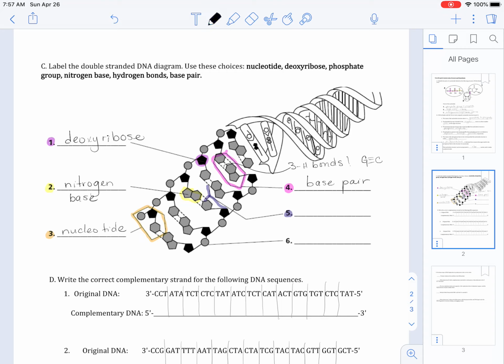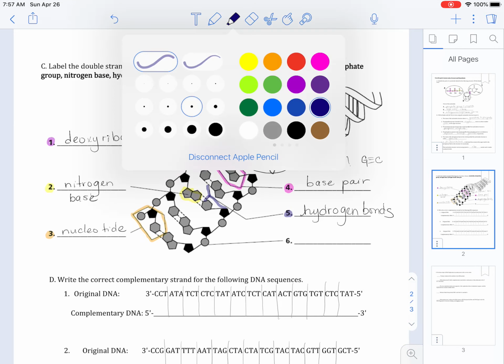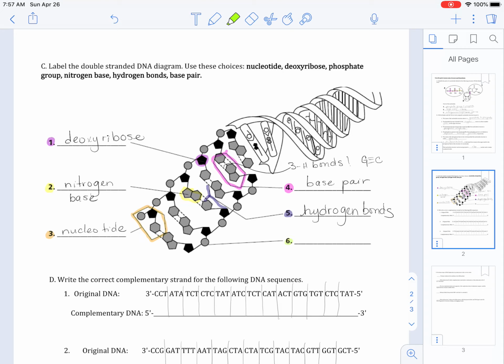So that's going to be the hydrogen bonds. And lastly, on number 6, we're pointing at this circle right here, which is going to be the phosphate group.